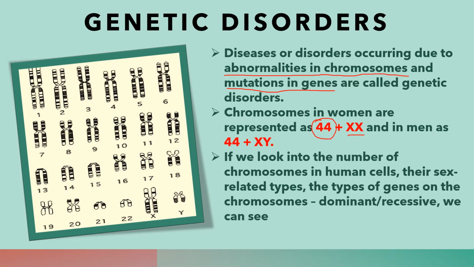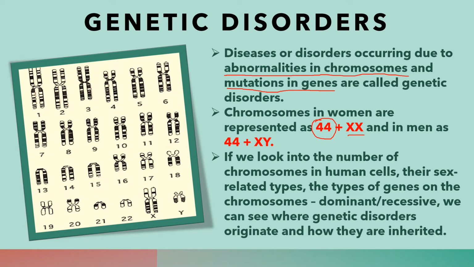We can find out where these genetic disorders come from and how they are inherited. So there's a science of finding out where these genetic disorders begin from, and how they are inherited.